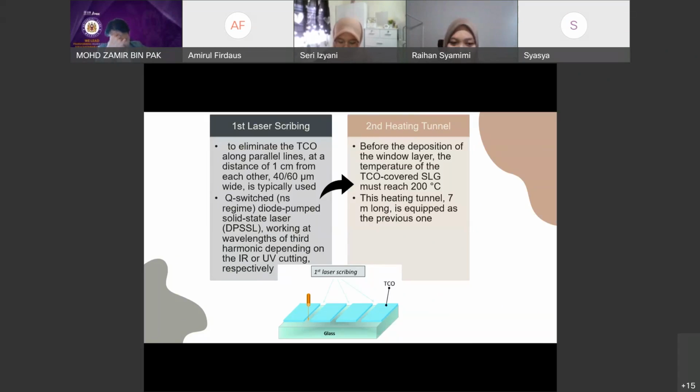All right, so I have 2 more questions. Bear with me. You have shown the slide with a couple of steps on laser scribing. Can you elaborate a little bit why laser scribing, or what is laser scribing?